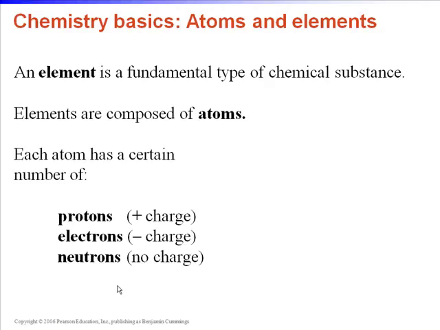Okay, so they lack an electrical charge. Each element is given an atomic number, which is the atom's number of protons. Okay, so those positively charged protons give the element's atomic number.